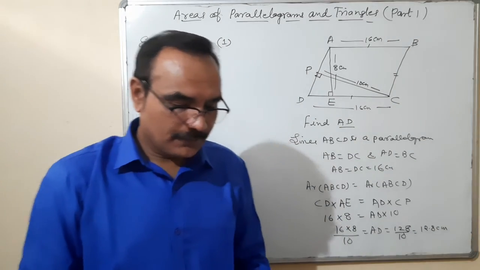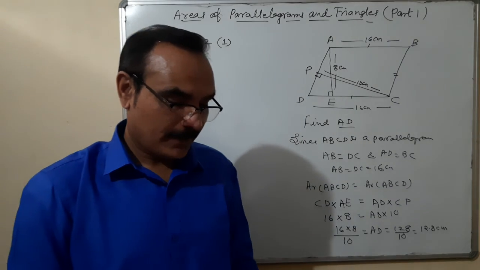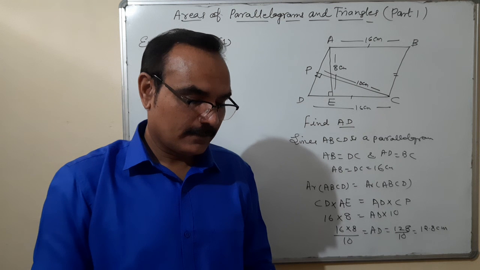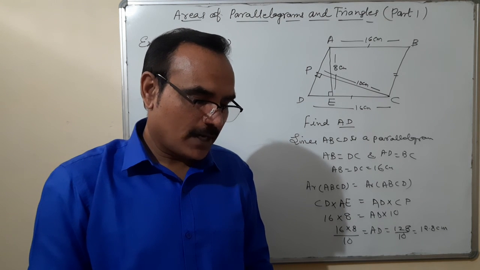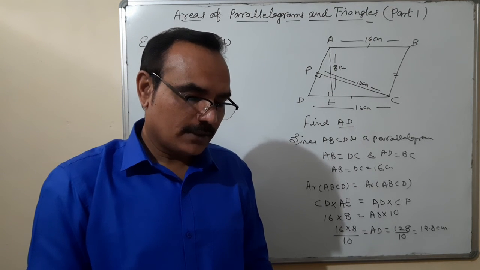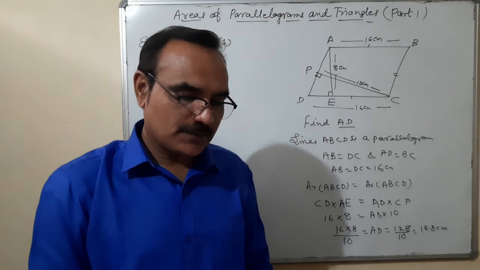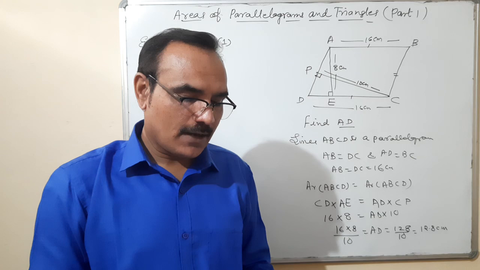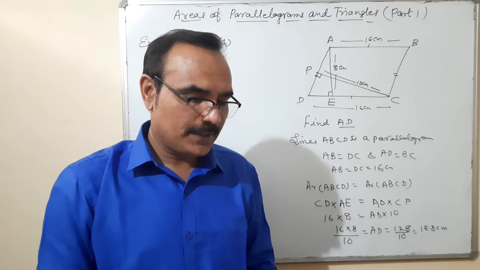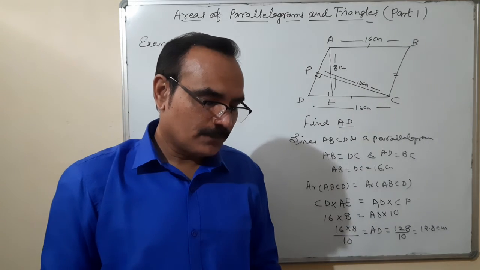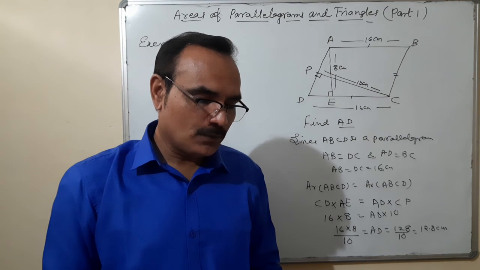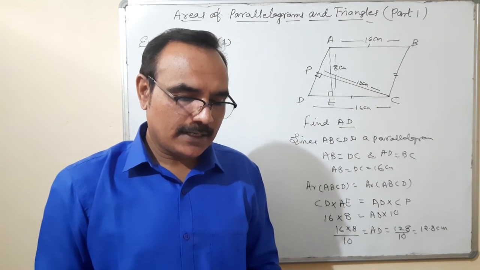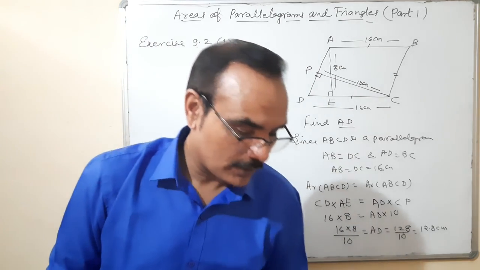One more question I am taking from it, question number 3. P and Q are any 2 points lying on the sides DC and AD respectively of a parallelogram ABCD. Show that area of APB is equal to area of BQC.